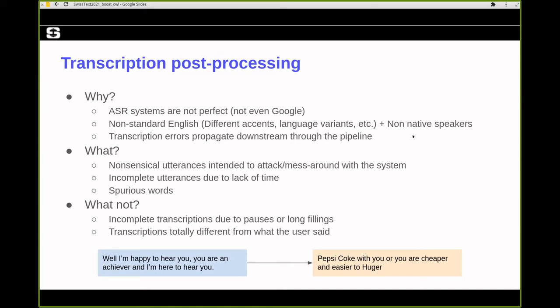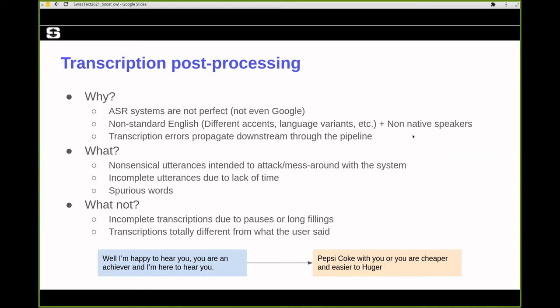Then, what are we tackling? We are tackling nonsensical utterances, these kinds of utterances that are intended to attack or mess around with the system, like the user is trying to test how smart the system is.